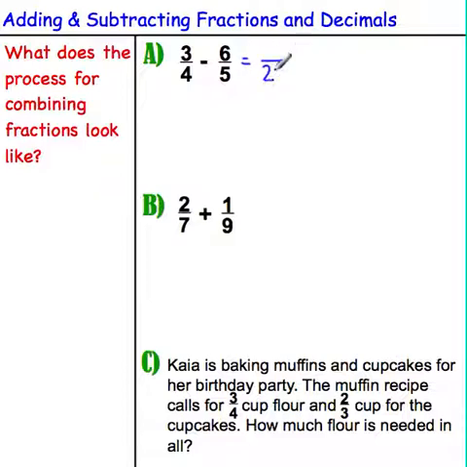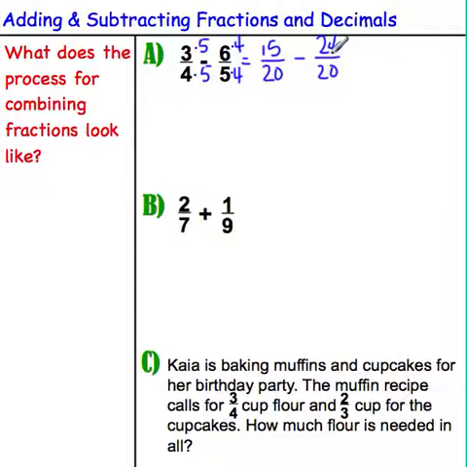And yes, I do expect you to show all of your work, because I want to make sure that you're getting all your steps, and if you're making a mistake, I can find where that mistake is. 4 times 5 gave us 20, so we're going to multiply 3 by 5 and get 15. And then 5 times 4 gave me 20, so 6 times 4 gives me 24.